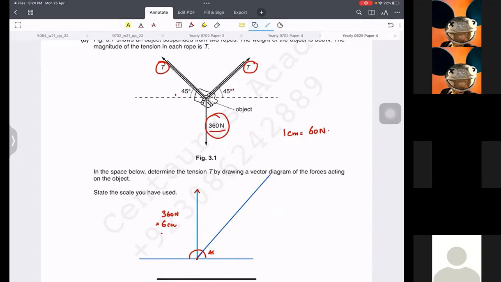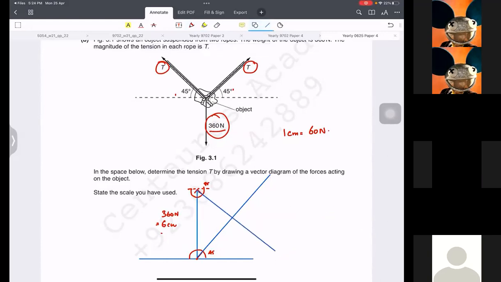And then what you do is you can measure 45 degrees again. You can put the protractor right on this side like this and measure 45 degrees, and extend this like this, wherever it is.